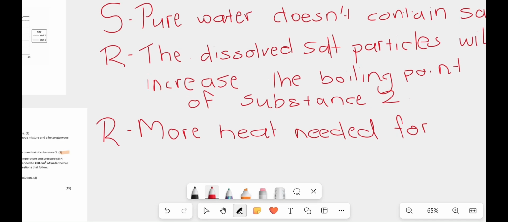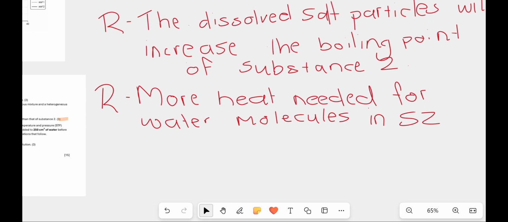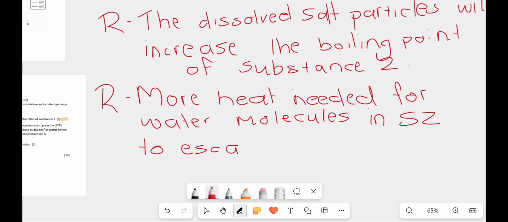For water molecules in salt, or you can say substance 2. I'm going to say S2. In substance 2 to escape into gas phase. And that's it. There are your 3 marks.